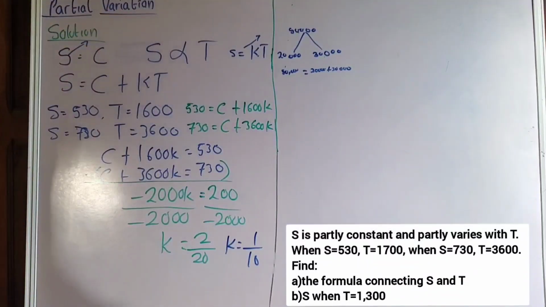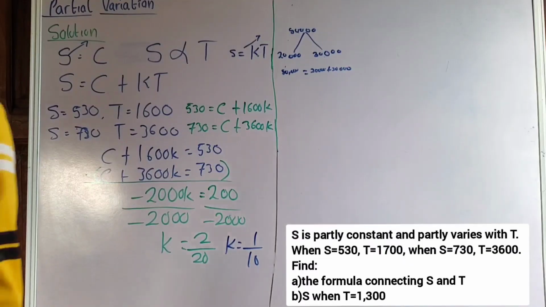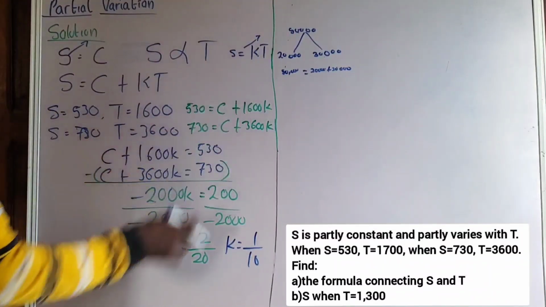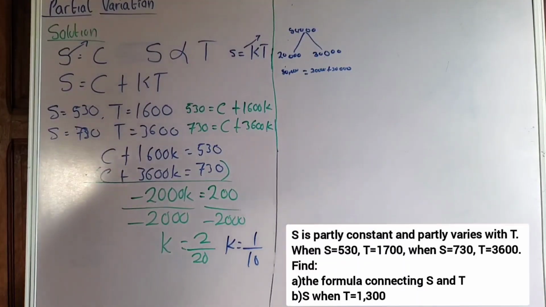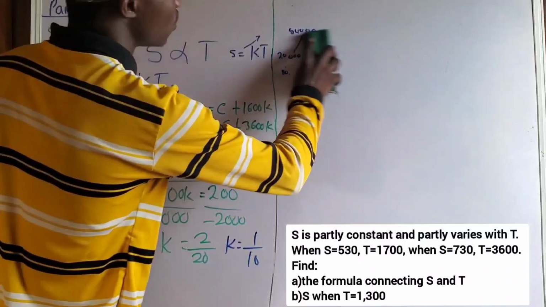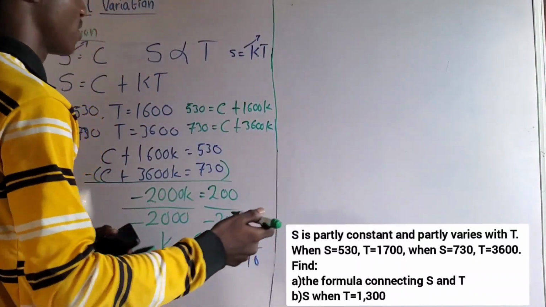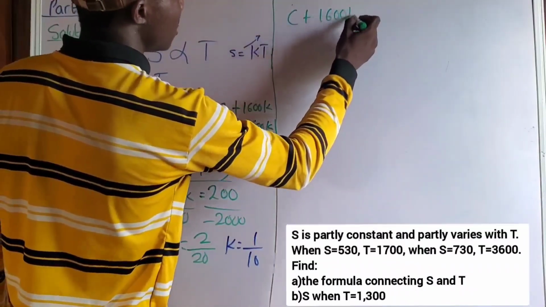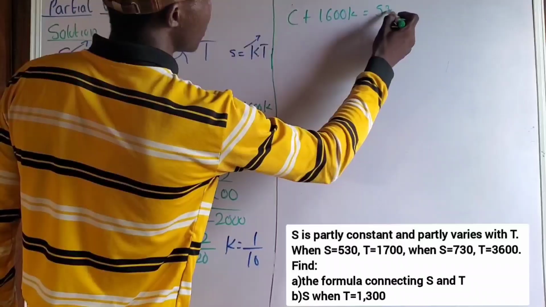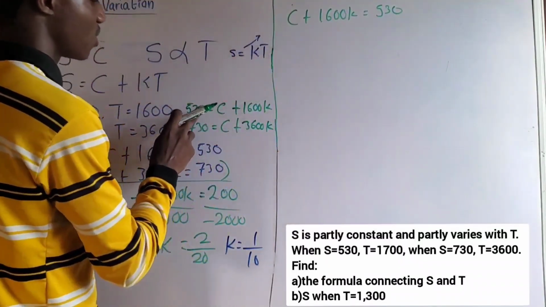Okay, now having gotten the value of K, we can get the value of C by substituting the value of K into any of these equations. So let us use equation 1. Let's substitute the value of K into equation 1. Equation 1 is C plus 1600K equals 530.